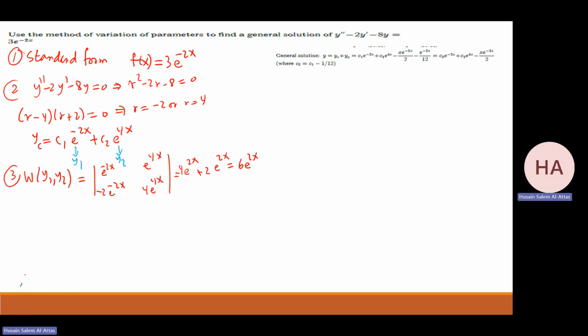Okay. W1 will be what? 0, f of x. Then I fix the second column. That gives me 3e to the 2x.